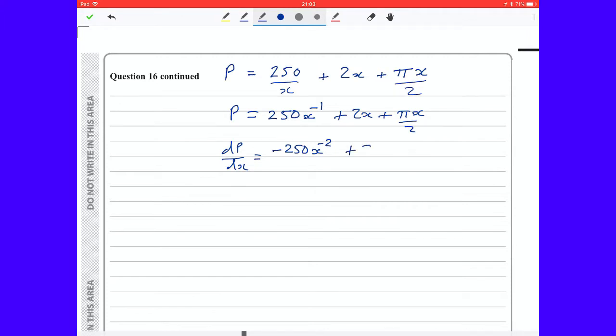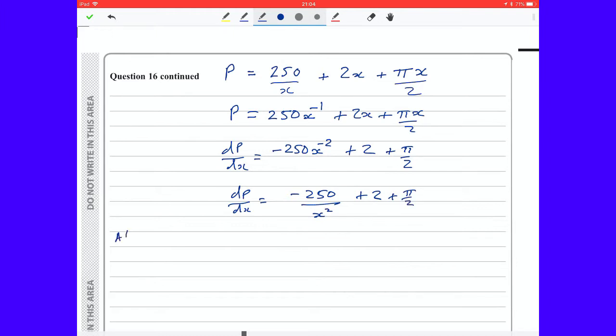Differentiate the 2x, I get plus 2. Differentiate plus pi x over 2, and I get plus pi over 2. So dP by dx is equal to minus 250 over x squared plus 2 plus pi over 2.